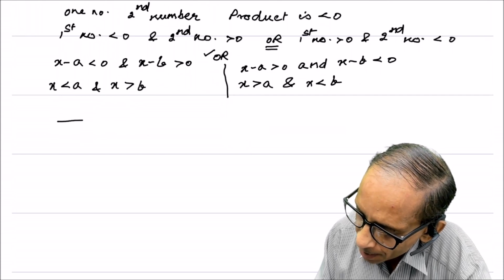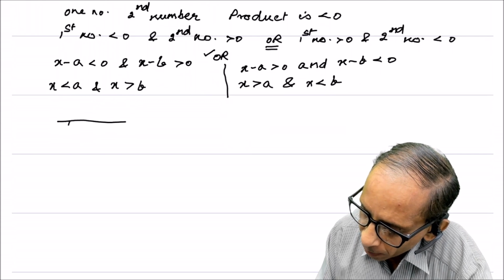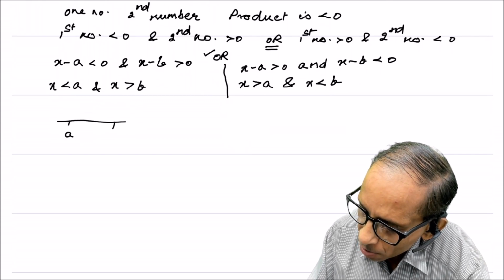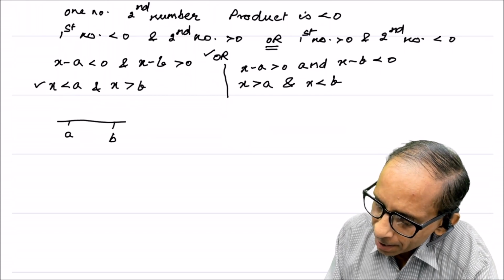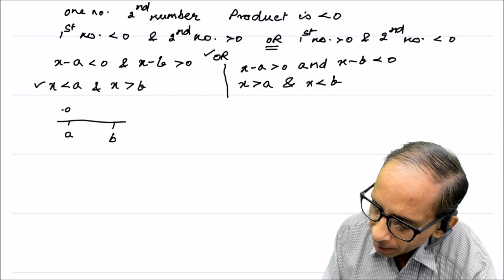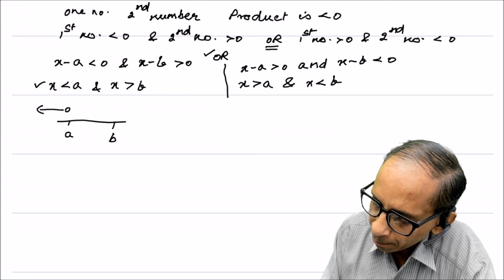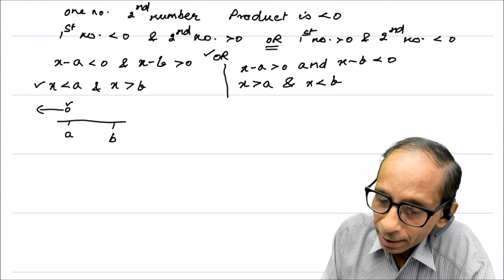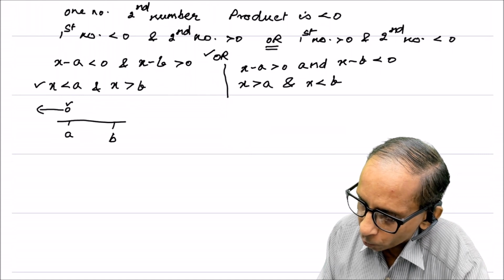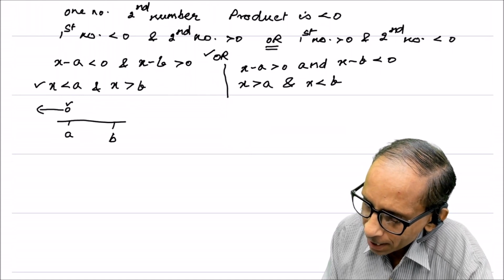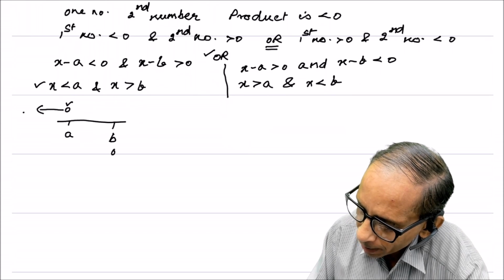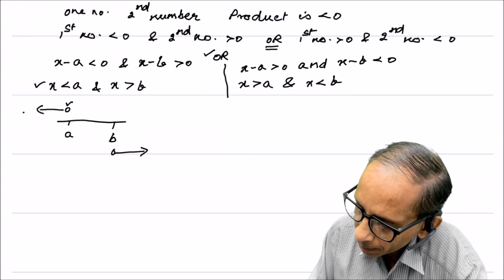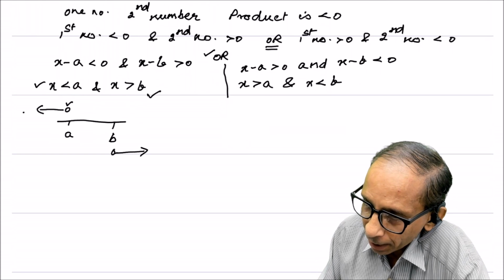What this says is that if you are having two numbers on the number line, x less than a means the region behind this a. The bubble here means that this point is not included. So x lies in this region and the other solution says that x should be ahead of b. X is greater than b.